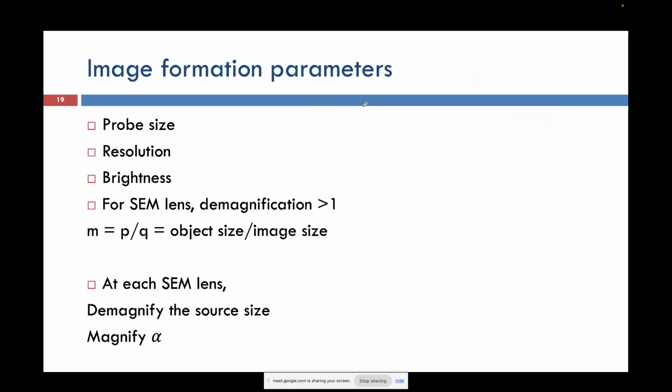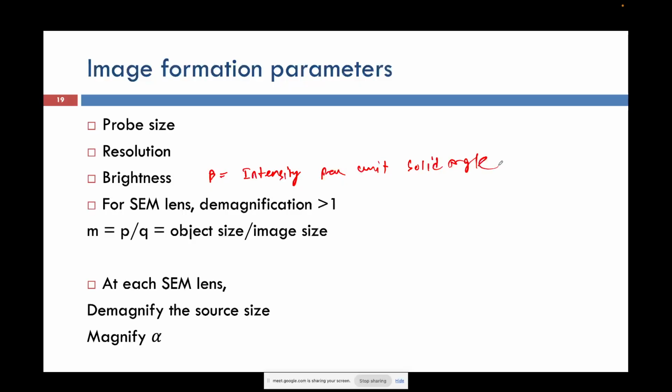Okay, and there are a few parameters also, like probe size, resolution and brightness. Probe size is the size to which the condenser converges the electron beam. And resolution, we know what the resolution is, the minimum distinguishable distance. And brightness is current density per unit solid angle.